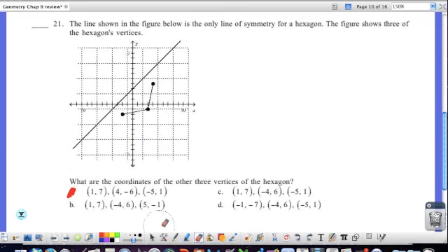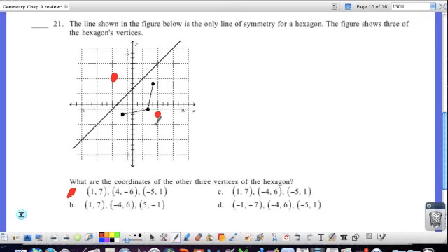So at this point, we know it cannot be choice A. Okay? For choice B, we know 1, 7 works. -4, 6 would be over here. It could possibly work, correct? But 5, -1 is down here.